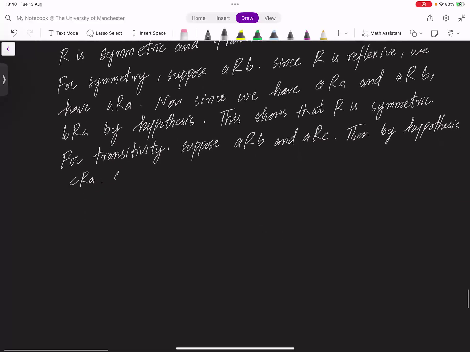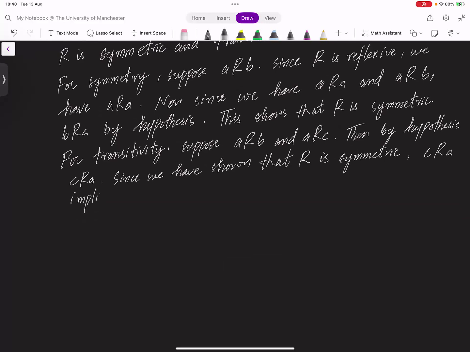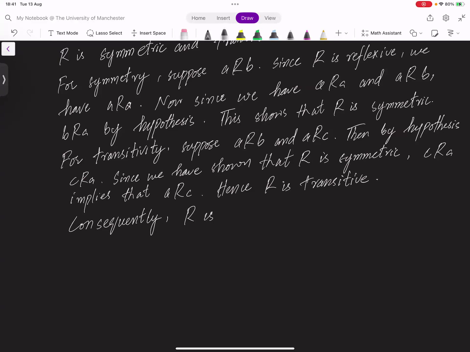So since we have shown that R is symmetric, c R a implies that a is R related to c, hence R is transitive, and consequently, R is an equivalence relation on this set S.